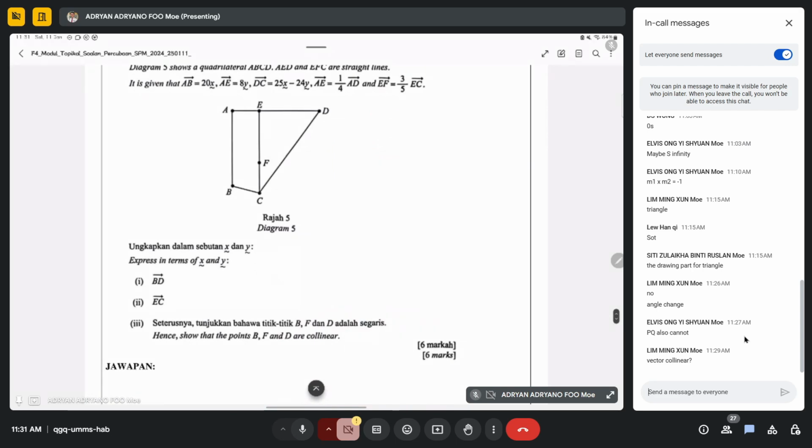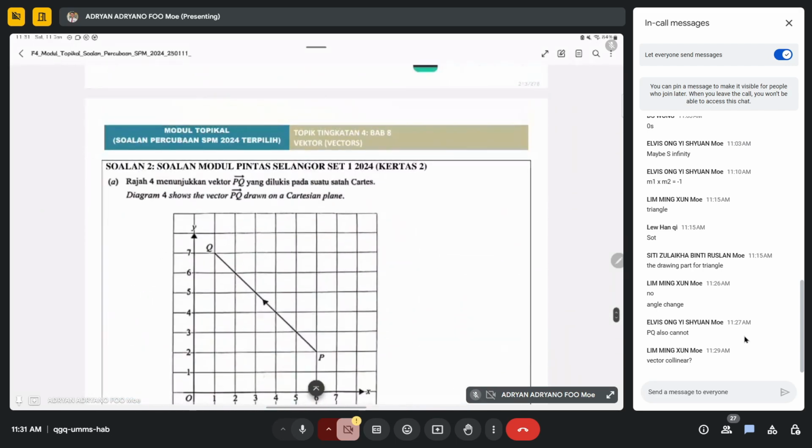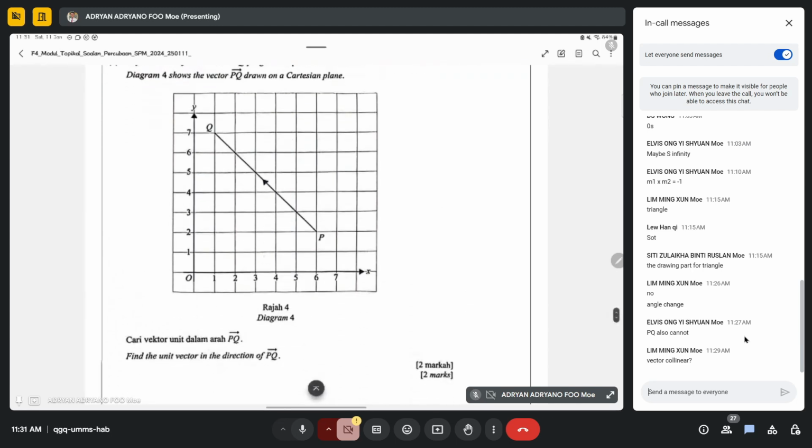Okay, this kind of question. Okay, let's try this. 这是哪一个？Soalan 2. Okay. Of course, I must have the answer also, just in case. Soalan 2. Set 1 Selangor. Okay, this one I think.